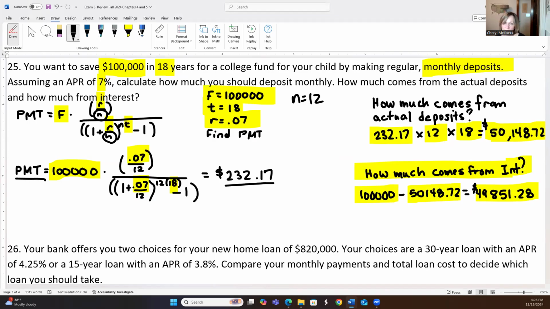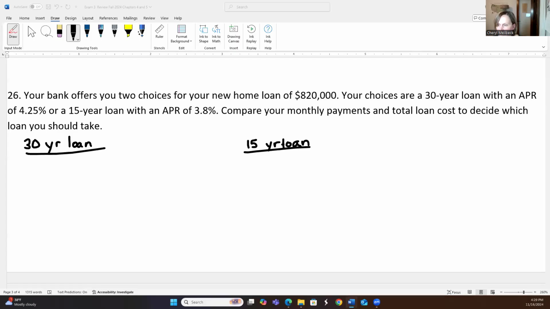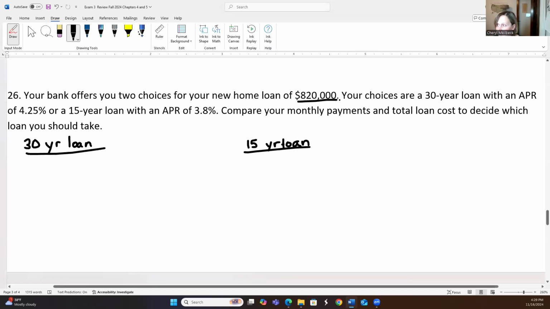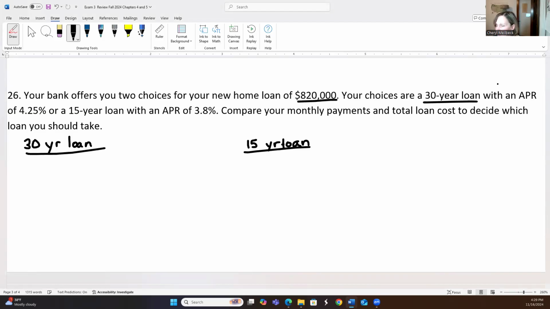And let's try our next problem. Question 26 says your bank offers you two choices for your new home loan of $820,000. So you know the present value. You are given a 30-year loan choice that has a 4.25% interest rate and a 15-year loan with a 3.8% interest rate.